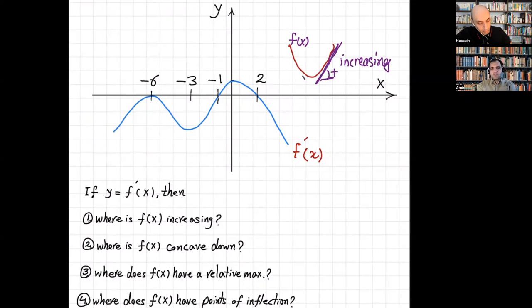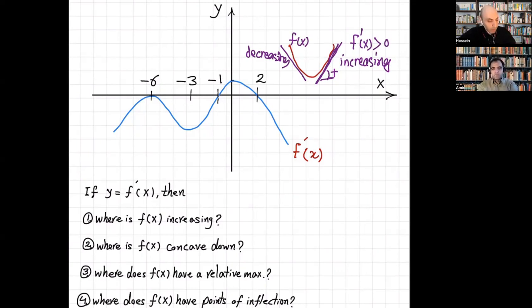On the other hand, this side is decreasing and the slope is negative. The slope is f prime of x. So positive slope means that f prime of x is positive, so it is increasing.